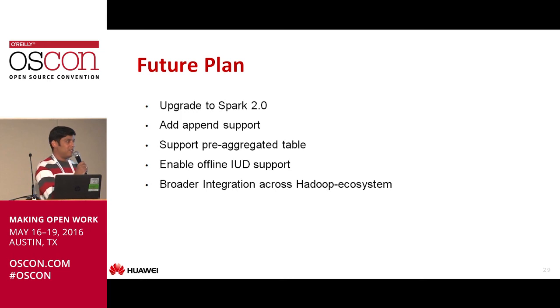And to further enhance the performance, because as you had seen, some of the queries are still taking 2 seconds, 3 seconds, but for many interactive analysis cases, the expectation is sub-second. So the users expect the query to come back in 500 milliseconds or so. So we are planning to have support for pre-aggregated tables, wherein we'll have a built-in mechanism to have certain pre-aggregated tables which will be populated when you're loading data into the main table.